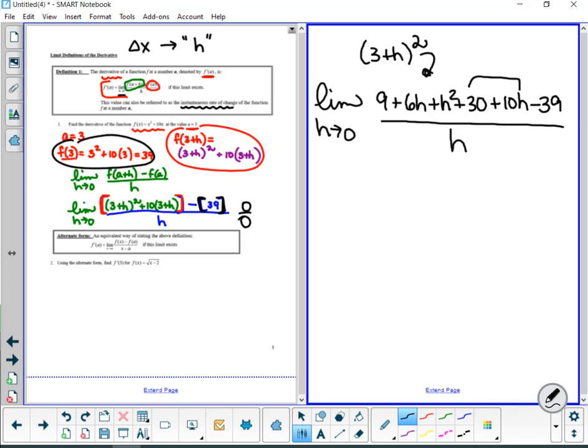So the 30 plus 10h is the 10 times 3 plus h.